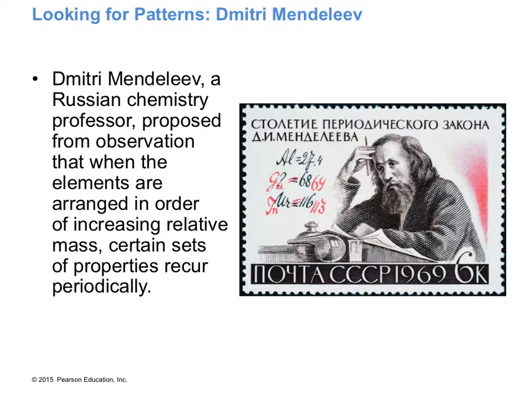Do you see something repeating over and over again? He starts with the lowest in mass at that time, started writing them out and figured out that this one is similar to this one, and this one's similar to this one, and noticed that there are properties that seem to repeat regularly based off of the mass. They call that recurring periodically, so that's why it's called a periodic table.